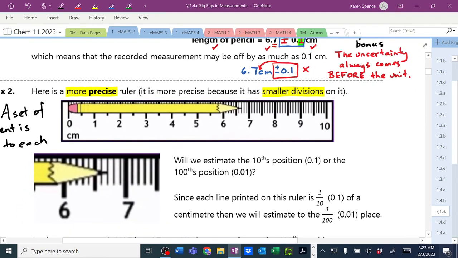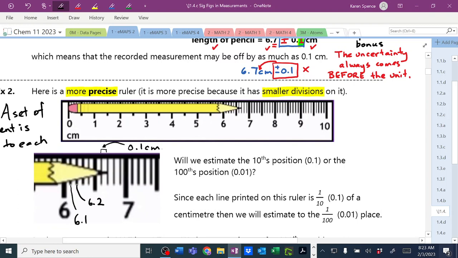So if we look at our ruler this time, we have 6. Our next little line represents 6.1. The next one is 6.2. And so each little subdivision represents 0.1 centimeter.